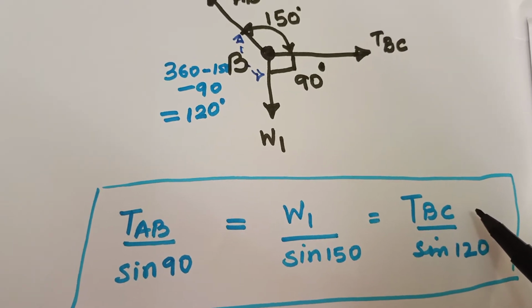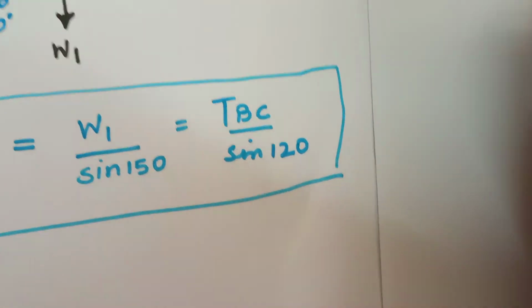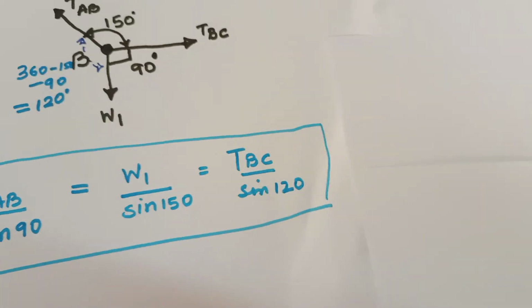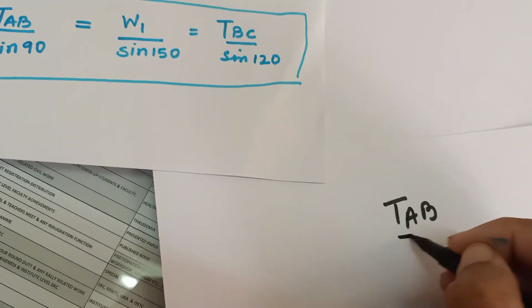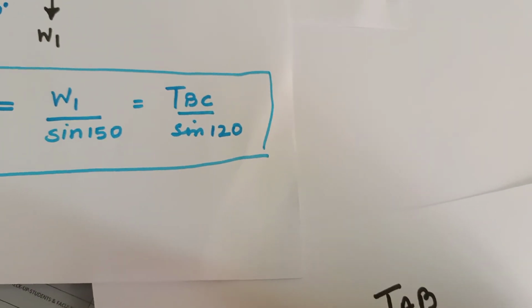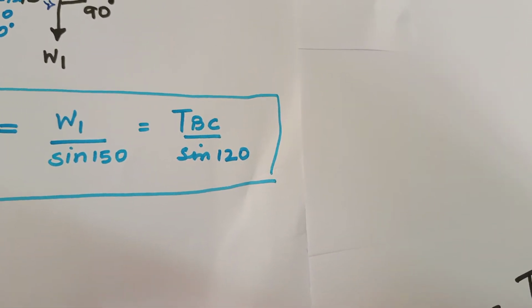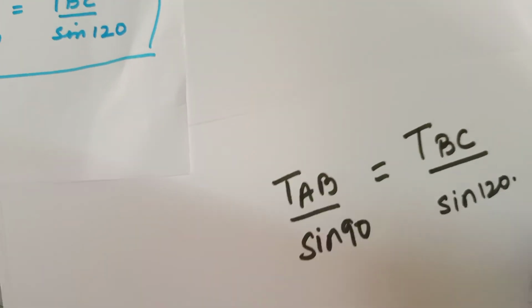So we are now interested to find out two unknowns, W1 and TAB. So I will take the equation TAB upon sine 90 is equal to TBC upon sine 120.